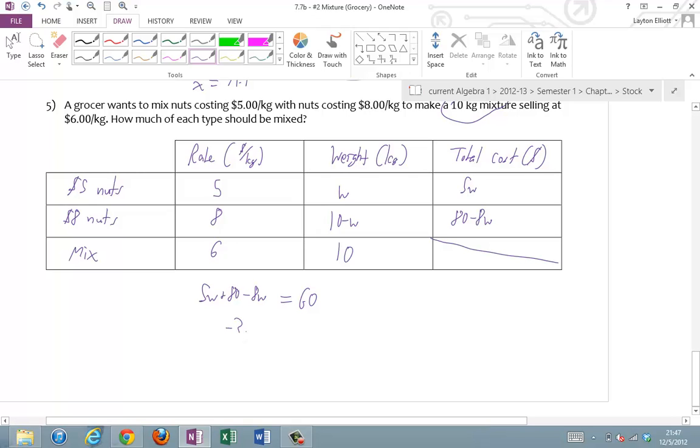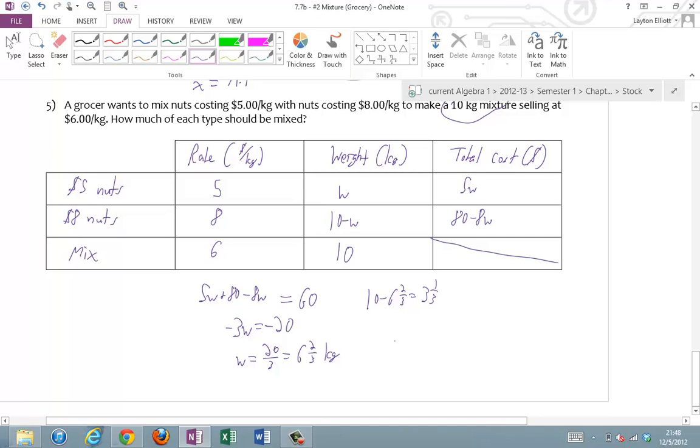That gives me negative 3w equals negative 20, or w is equal to 20 over 3. I don't like decimals, so I'm going to say 6 2/3, not 6.6 repeating, because that's annoying. 6 2/3 kilograms. And then I have to subtract that from 10 for the other one. 10 minus 6 2/3 is 3 1/3.